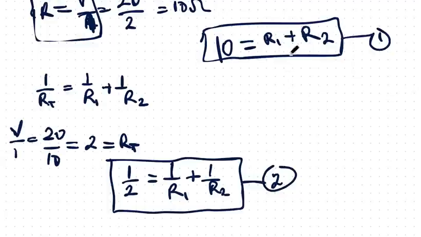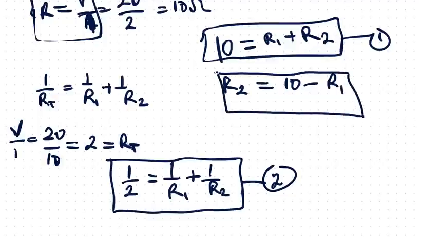From equation 1 we can write it in terms of R1, and I can say that R2 is equal to 10 minus R1. So let me take this as my equation 3.